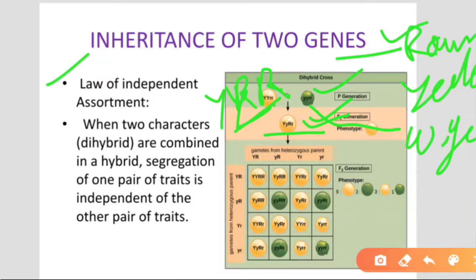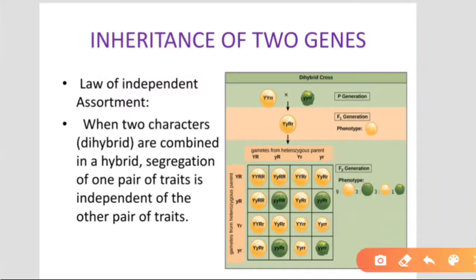From this F1 generation 4 types of gametes are produced: capital R capital Y, capital R small y, small r capital Y, and small r small y. If this hybrid plant is self-pollinated, then the result here is capital R and capital Y. You make a triangle like this.